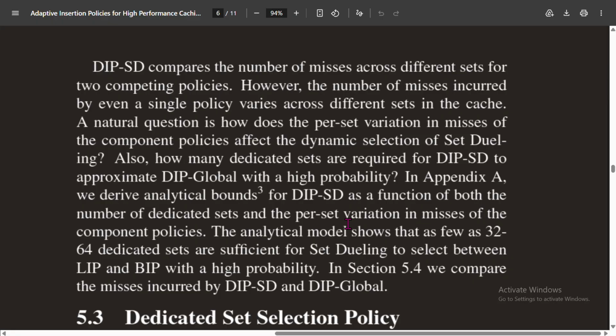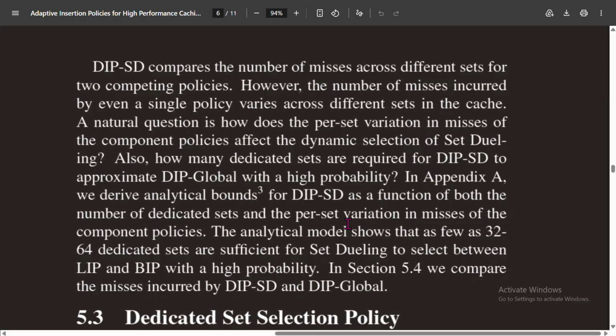DIP-SD compares the number of misses across different sets of two competing policies. However, the number of misses incurred by even a single policy varies across different sets in the cache. A natural question is how does the per set variation in misses of the component policies affect the dynamic selection of set dueling?